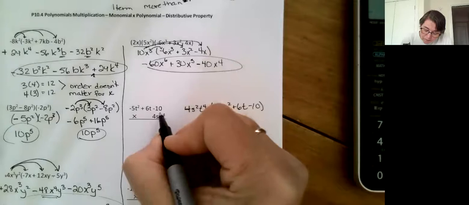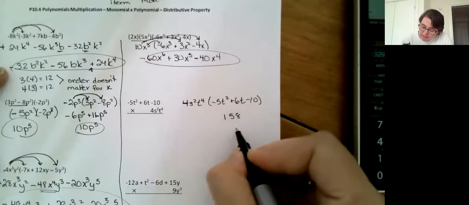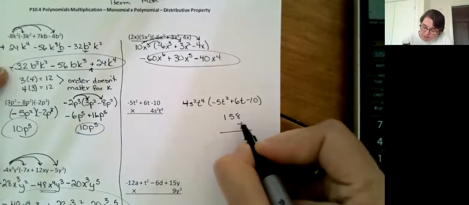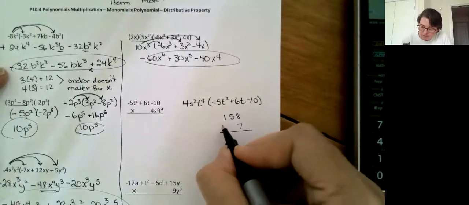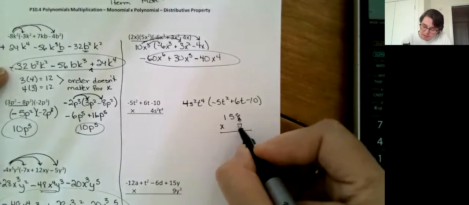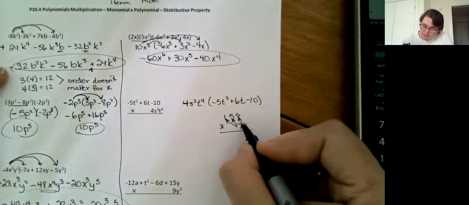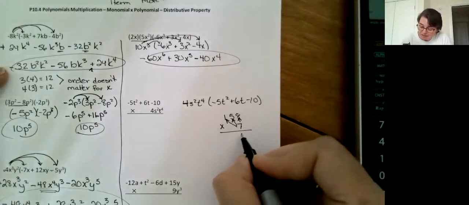So what you do is just like if you were going 158 times 7, right? Do you remember in the days before calculators, kids? You multiply this one times this one, then you go this one times this one, and like that. Right, 7 times 8 is 56.